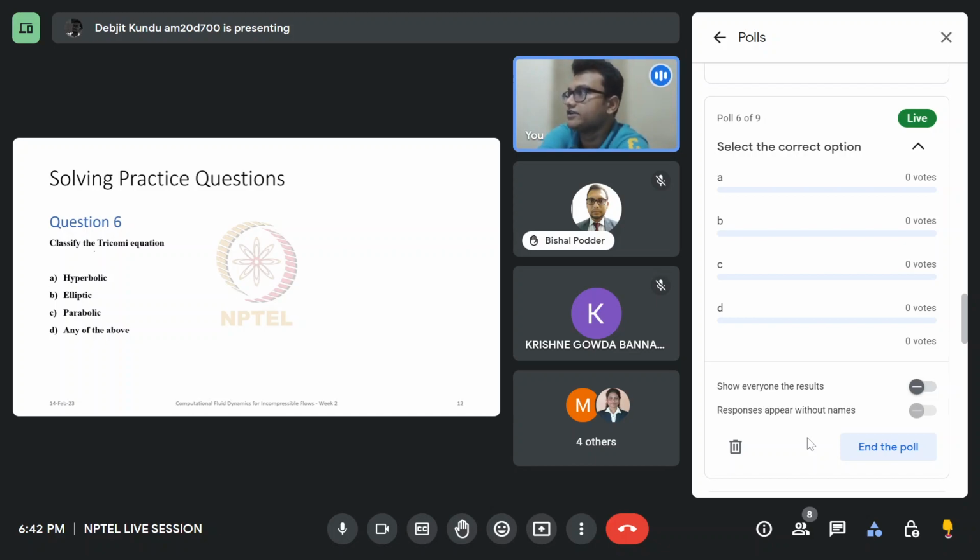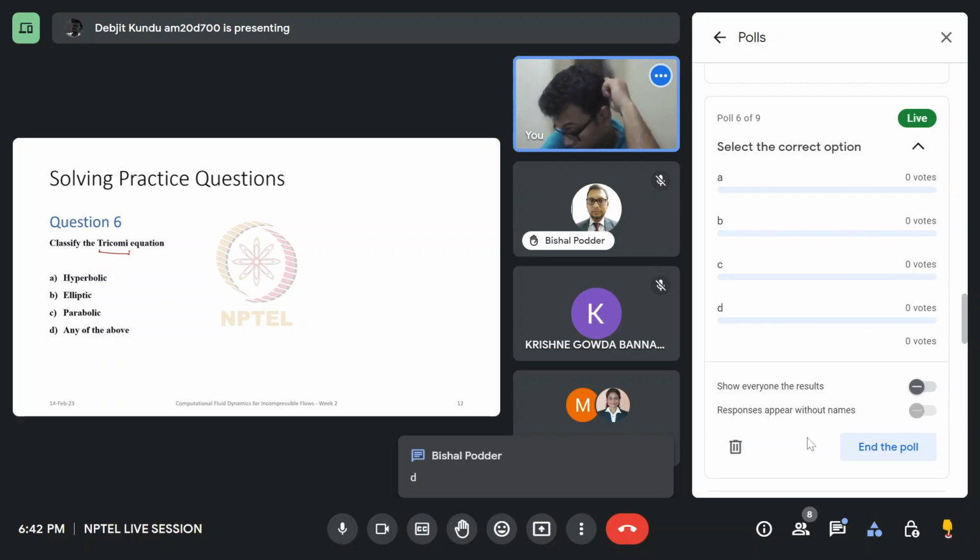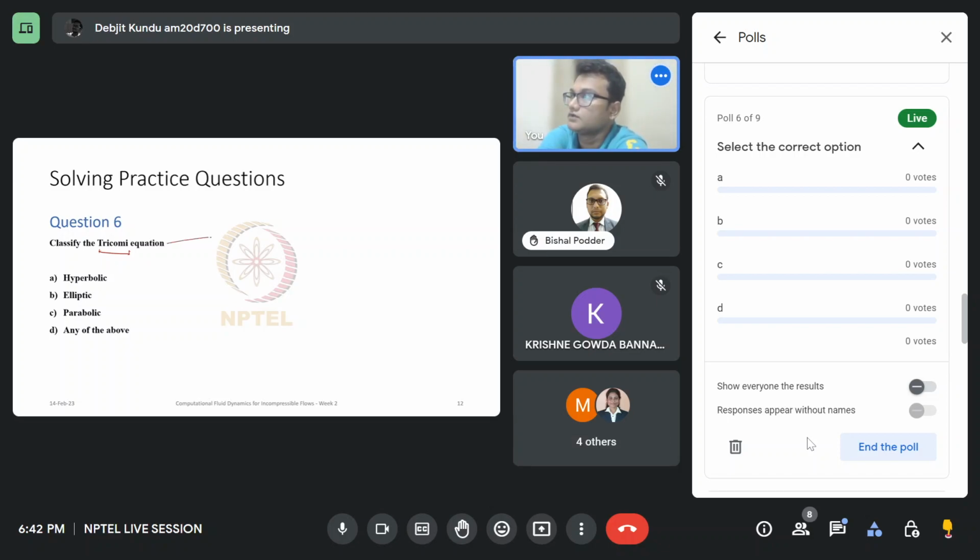So how does the trichotomy equation look like? Trichotomy equation, anyone?